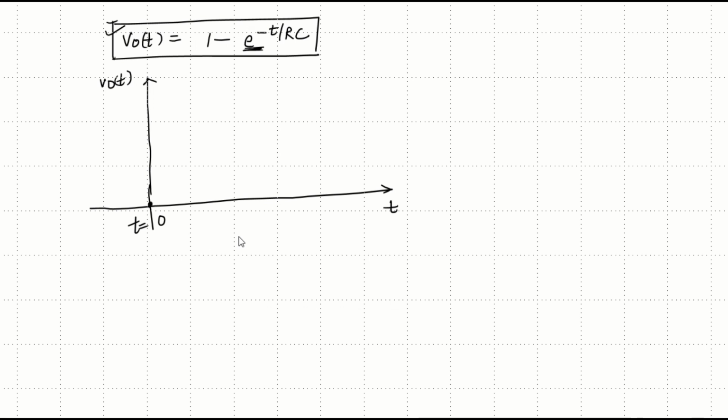So this will start from 0. As I keep on increasing the value of t, the response V0(t) will also increase, and at t tends to infinity it approaches 1. So the maximum value it can reach is 1 when t tends to infinity.